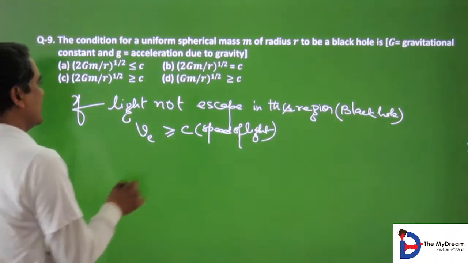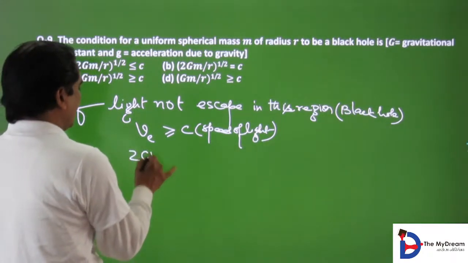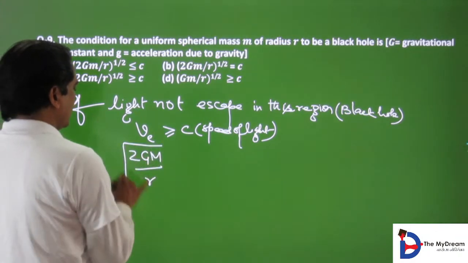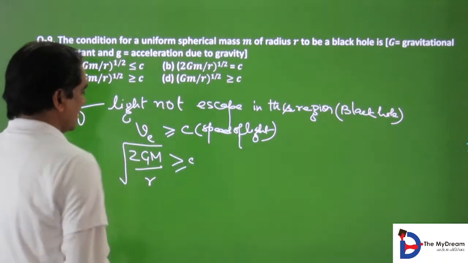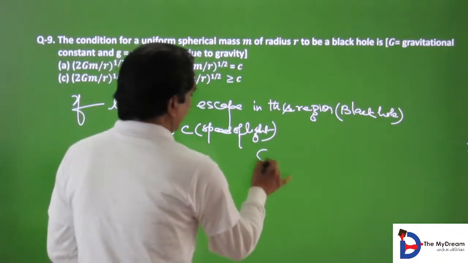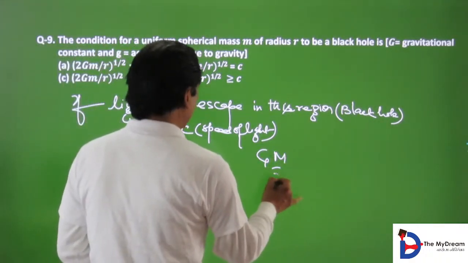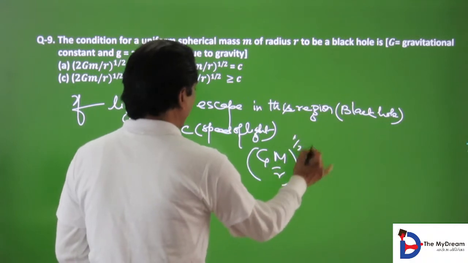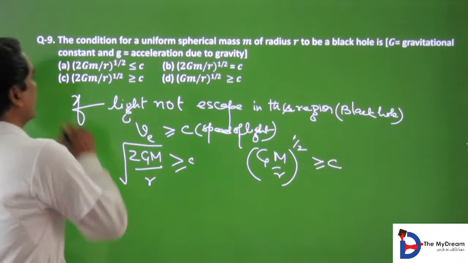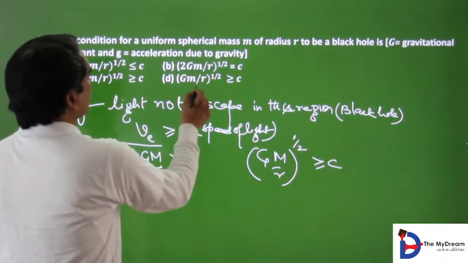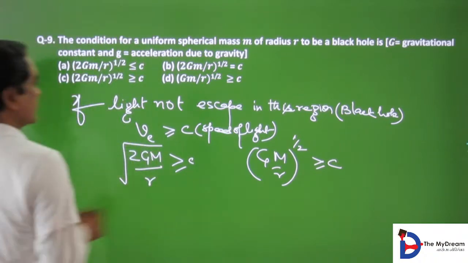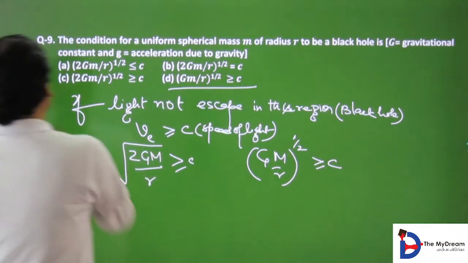And escape velocity is given by under root twice of GM by r, which can be written as GM by r raised to power 1 by 2, which is greater than or equal to this. So GM by r, yes, this one. D is correct. D is correct.